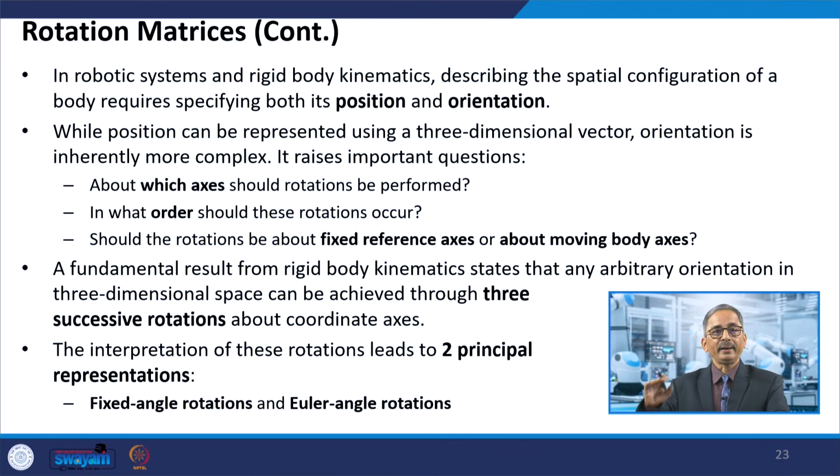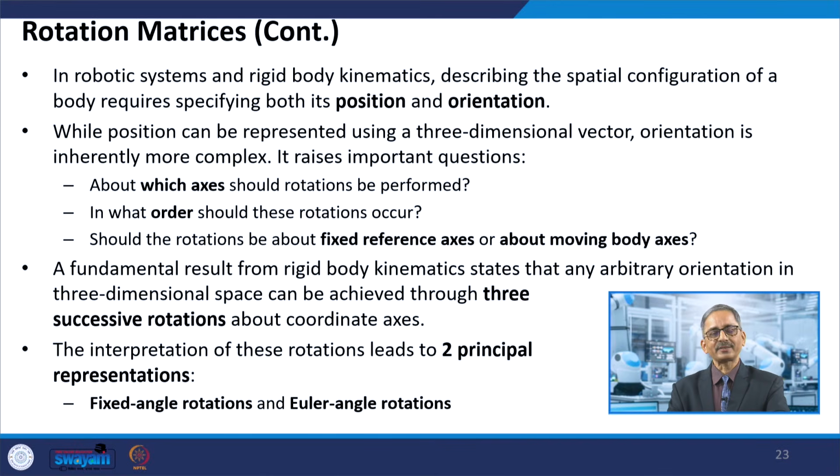Alright. And you know, a fundamental result from rigid body kinematics clearly indicates that arbitrary orientation in 3 dimensions can be achieved using 3 successive rotations about the coordinate axes. And the interpretation of these rotations leads to 2 principal types of representation, and these are called fixed angle rotation and the Euler-angle rotation.